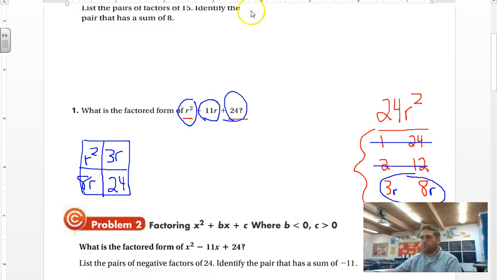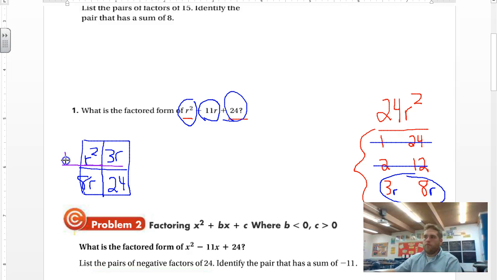Now, once I've done here, once again, guys, it doesn't matter where you start. So I always like to start with the top two. And this is where that number goes right there. You could also start with the first column or the second column or the bottom row, whatever works best for you. So I look at r squared and 3r. What do these two have in common?